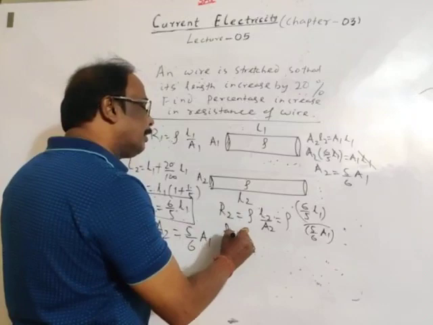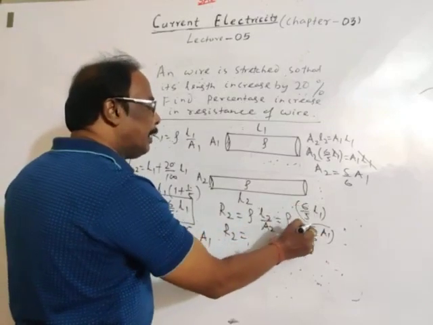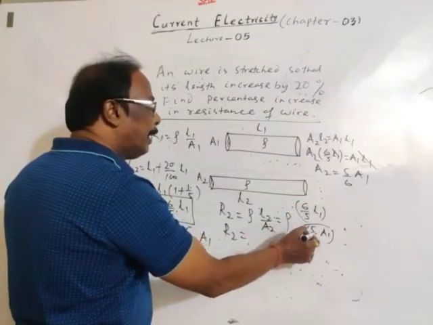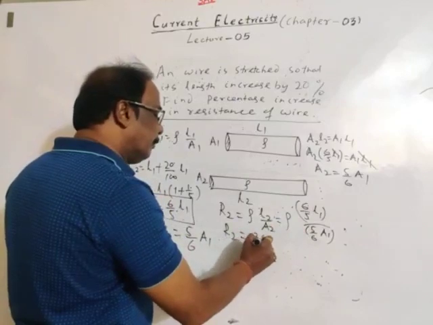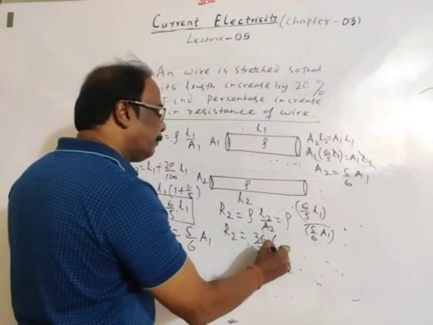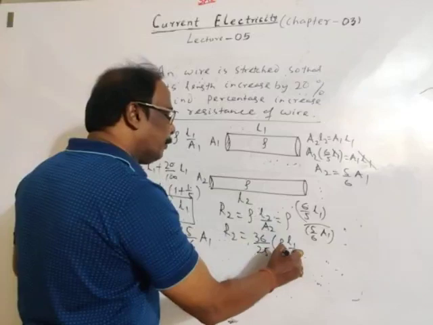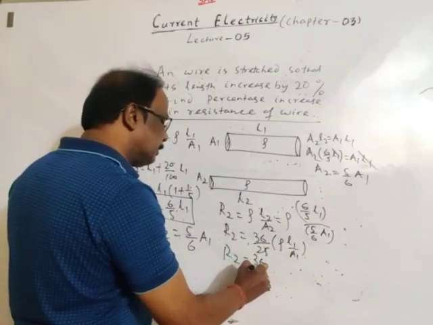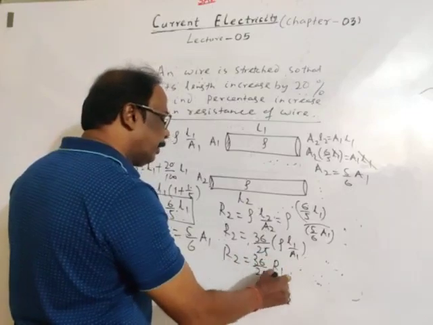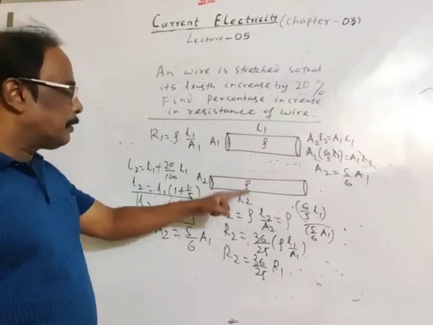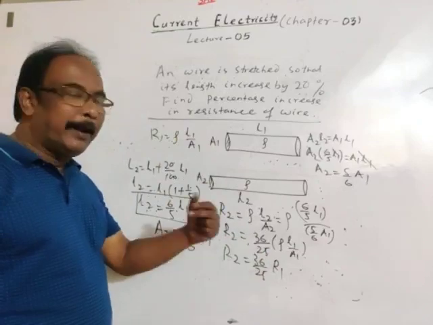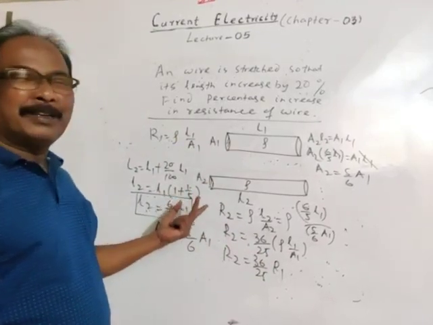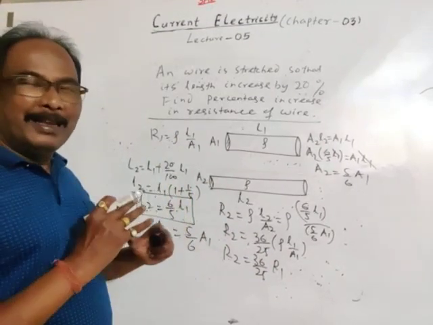Then the final resistance is 6 by 5 into 6 by 5 divided by 5 by 6, which will come to 36 by 25 into rho L1 by A1. So final resistance is 36 divided by 25 into R1. In place of rho L1 by A1, I write R1. Then it becomes very simple.